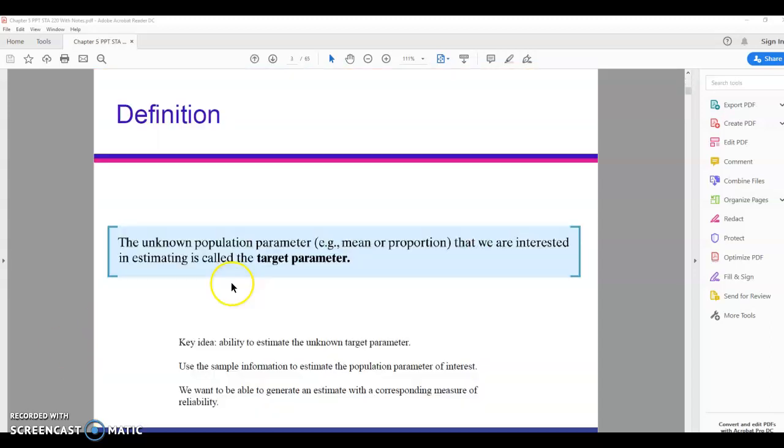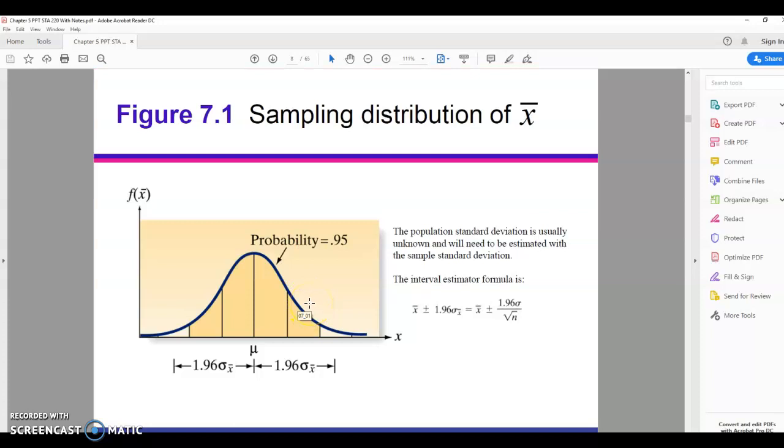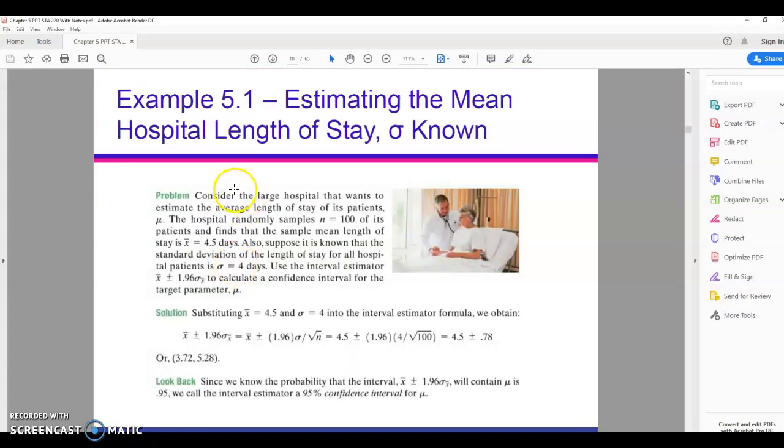So in Chapter 5, we will be working with 4 different types of tests. We will be doing a confidence interval for a population mean for a normal z-statistic or a z-test. If you follow through the Chapter 5 PowerPoint, you will see that there are examples. So here's your problem.